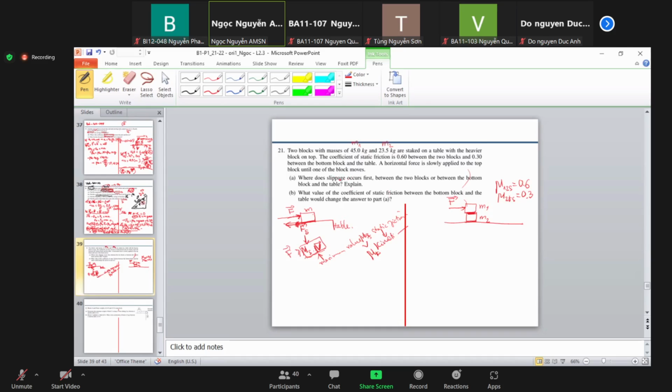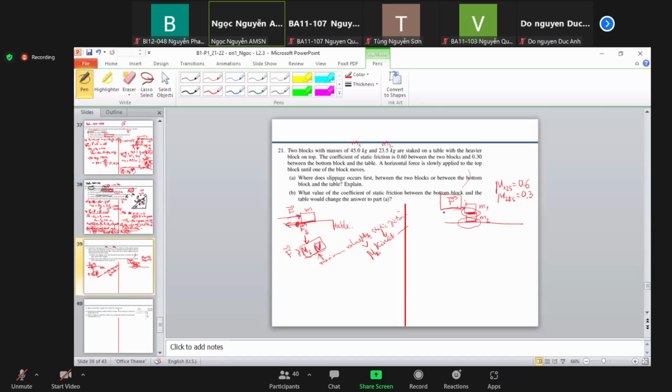So to know where slippage occurs first, you have to calculate the maximum static friction here and the maximum static friction here, right? Because you only have one value of force acting on them.